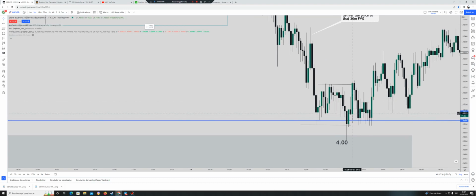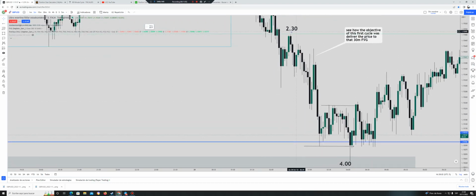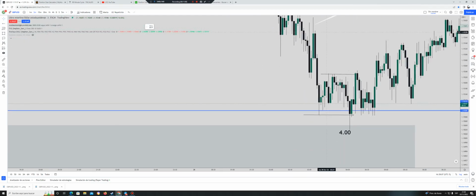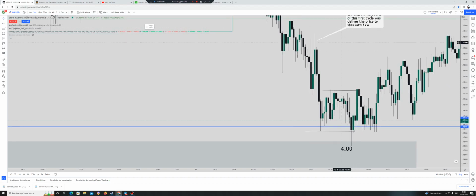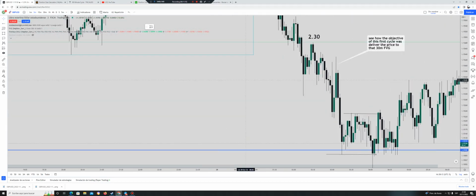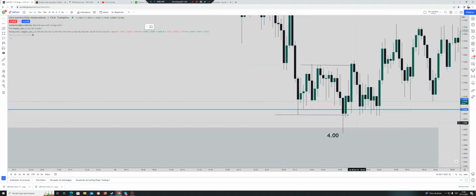You have a context here. You know the objective of the first one. The objective happened: the CLS took the price to the fair value gap below, taking those liquidity pools as a shallow. And then at 4, you wait for the 30 minutes, sweep, breaking a structure. Now you have a context to buy.